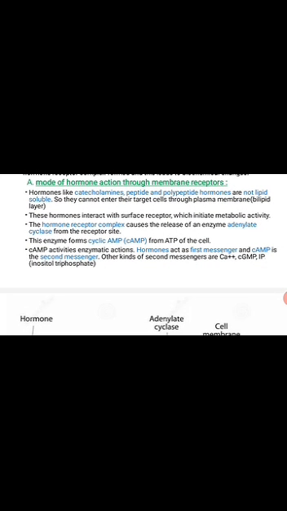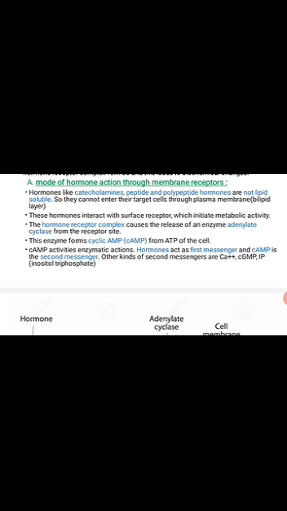This enzyme forms cyclic AMP from the ATP of the cell. The cyclic AMP activates enzymatic action. The hormone acts as a first messenger, and cAMP is a second messenger.